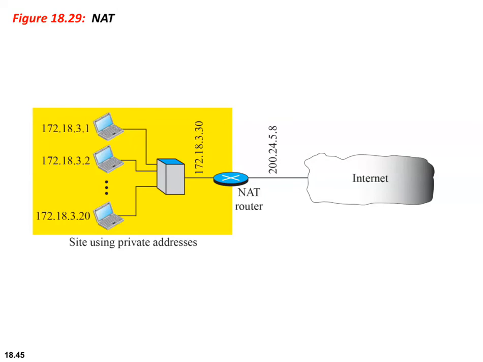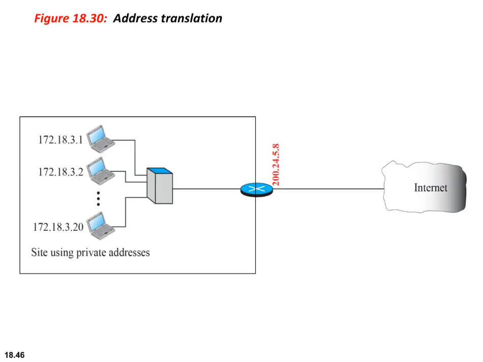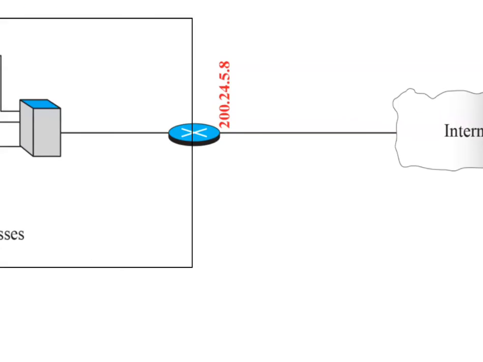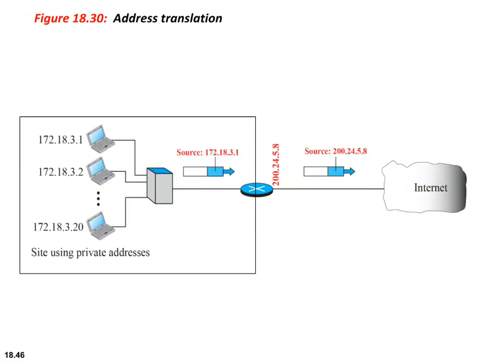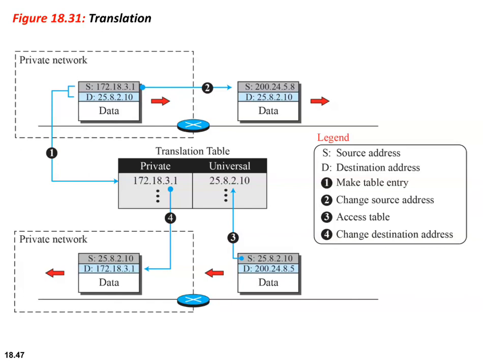So in the example you can see that there is a network address translation router which converts those private addresses to the global address, and here you can see with the example how those private addresses are converted to the global address, and here you can see the translation process.